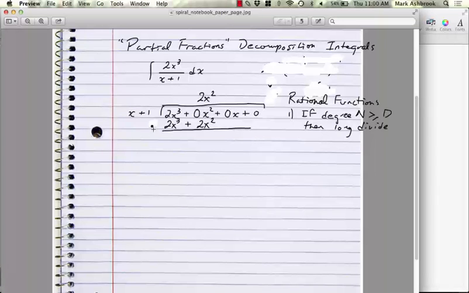Then we subtract, and when we subtract, what do we get? Negative 2x squared. And then we bring down the 0x, right? And then we ask, what do we need to multiply x by to get negative 2x squared? Negative 2x.